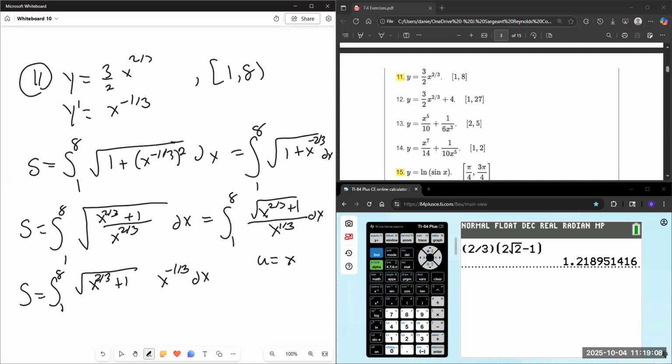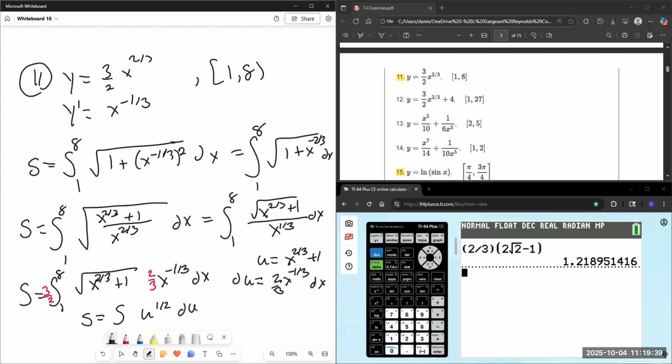U is equal to x to the 2/3 plus 1. U prime is 2/3 x to the negative 1/3. And so I'll throw the dx over here on the end. I want to make this 2/3 and balance it with the 3 halves. And then I have s is equal to the integral of u to the 1/2 du.